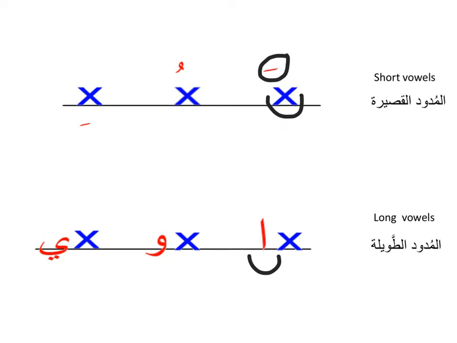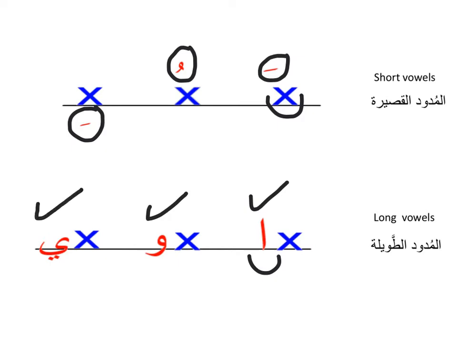The second vowel is Dhamma, and the sound of it is U. The third vowel is Kasra, and the sound of it is E. And you will notice that Kasra always comes under the letter. The 3 long vowels are long A, which comes after the letter, long U, after the letter as well, and this one is long E, and they look like letters, they don't look like the short vowels.